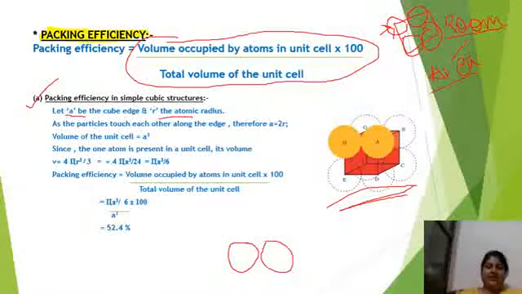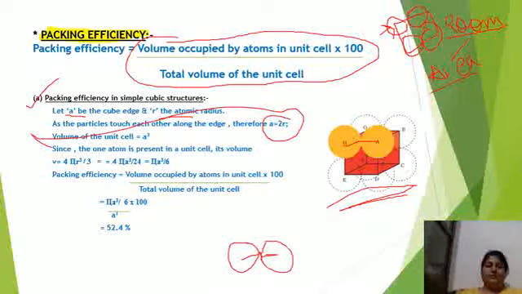If the radius of one sphere is R and the radius of the second sphere is also R, the distance between them, this one is R and this one is another R, total will be A is equal to 2R.